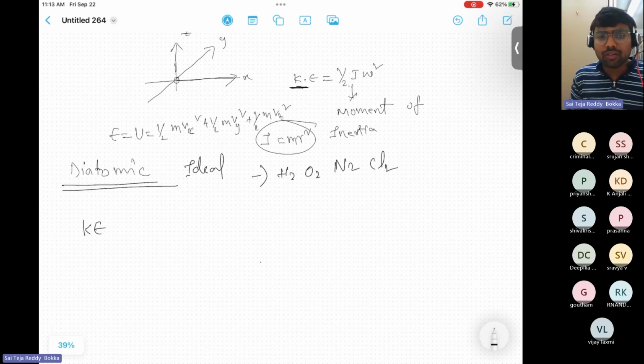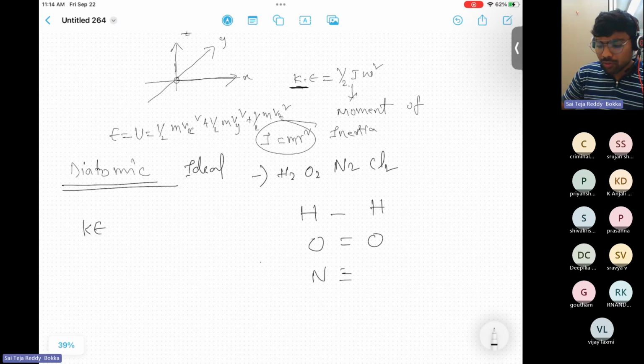If we draw valence bond theory diagrams, it will be like this: H bond H, O double bond O, N triple bond N, Cl bond Cl.